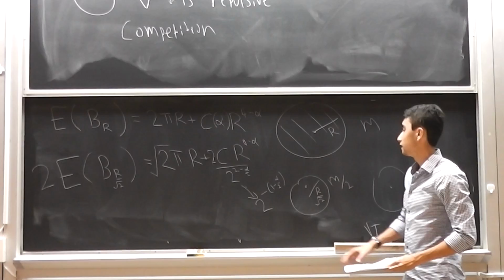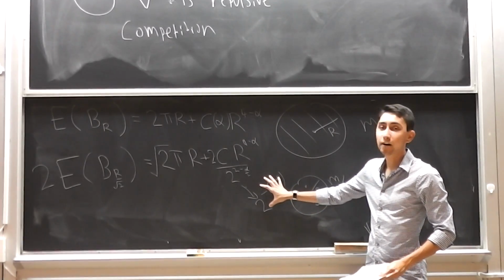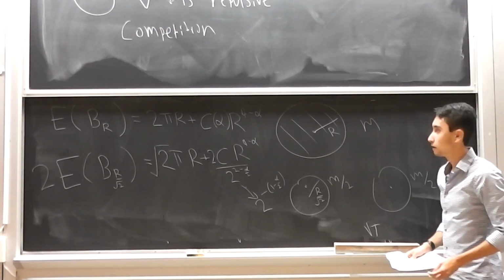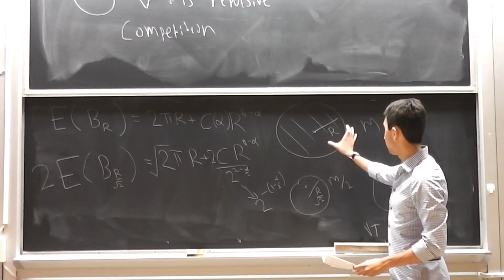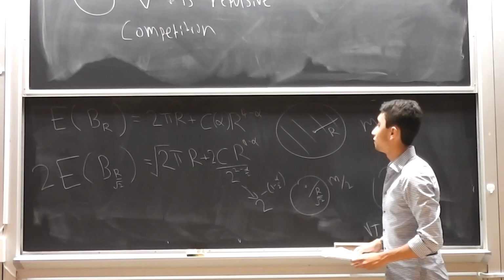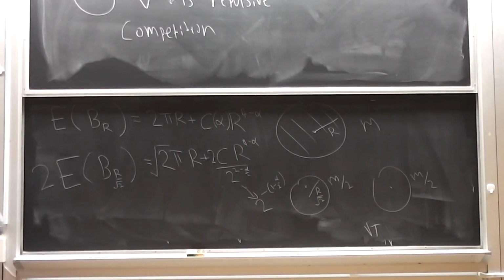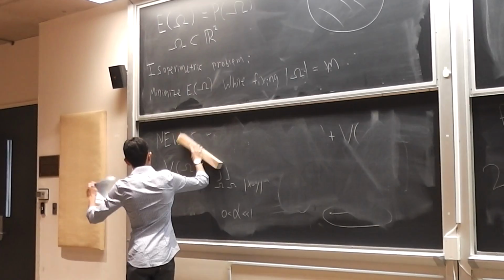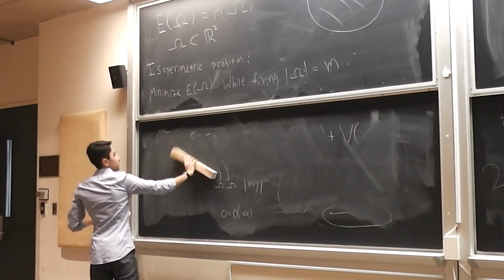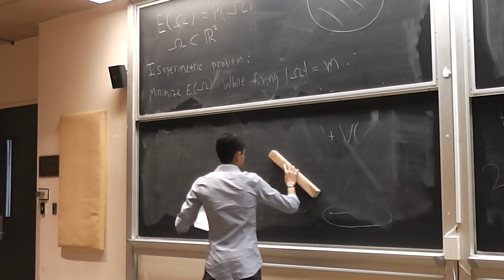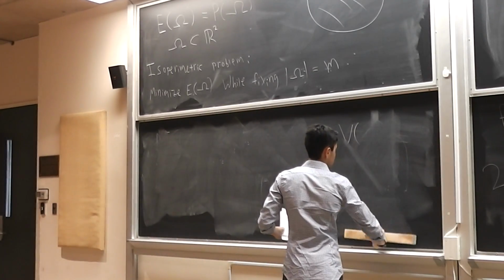So for small alpha like a half, this has smaller energy for large values of r. What that says is that for large areas, the answer to this problem can't be a ball, because if it were a ball, then we could break it apart and decrease the energy.